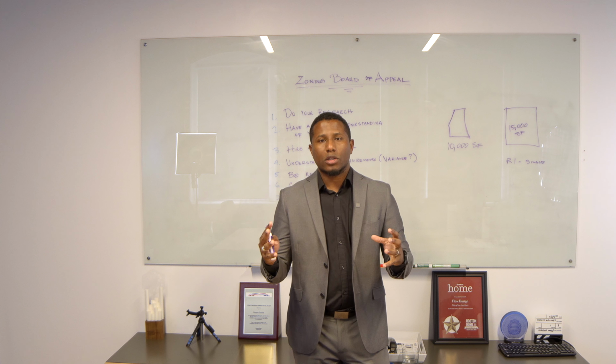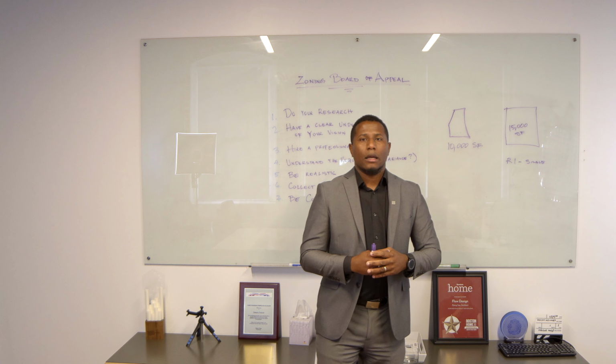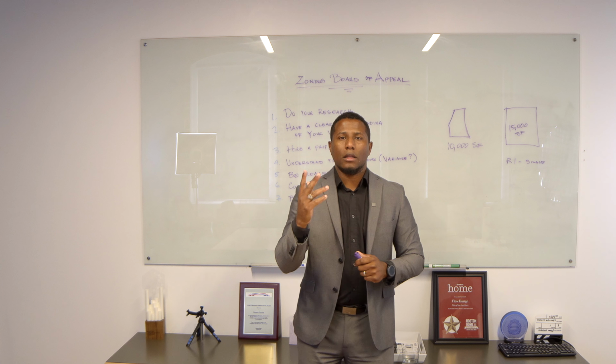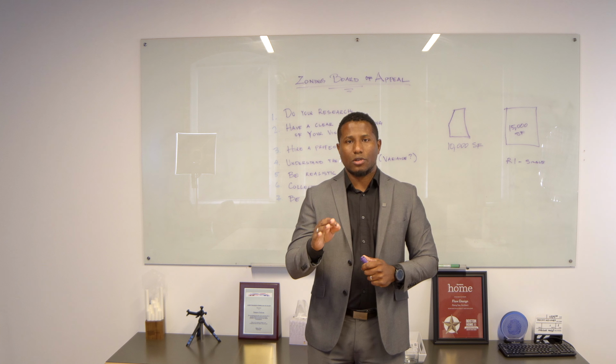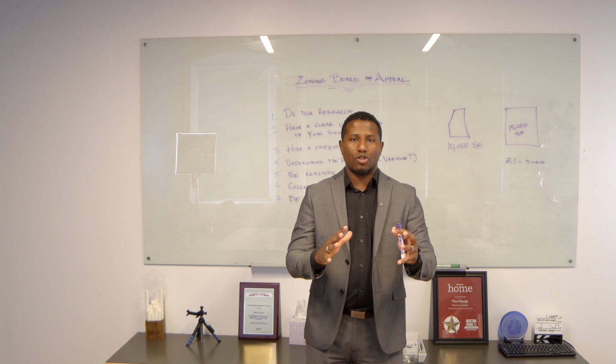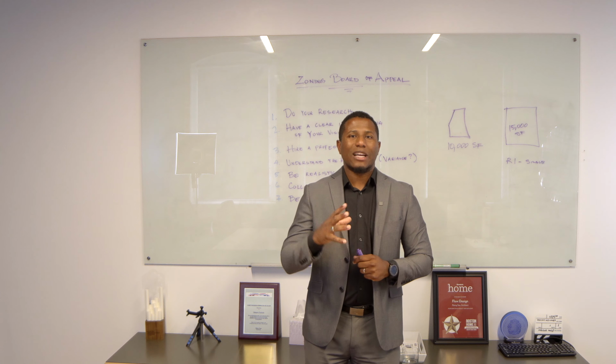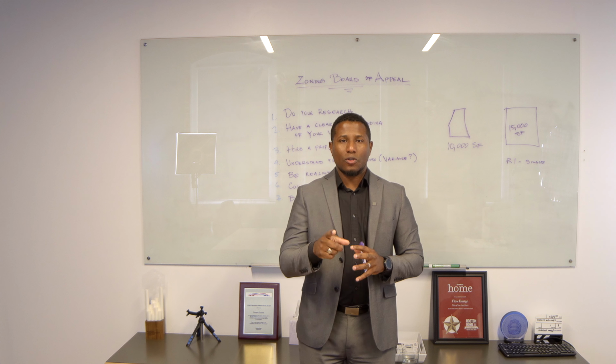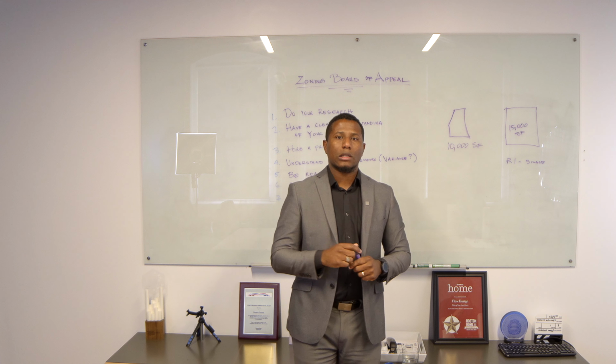And of course, sometimes, let's say the city of Revere, the minimum requirement is 15,000 square feet. Make sure you do your research. These numbers are just ideas, so you kind of get an understanding. Make sure you do your research on your zoning bylaws.